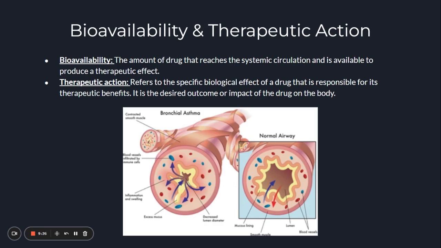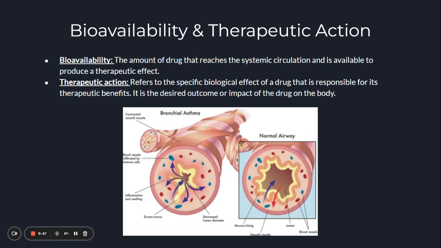When we talk about therapeutic effect or therapeutic action, this refers to the specific biological effect of a drug that is responsible for its therapeutic benefits. It's the desired outcome or impact of the drug on the body. This includes things like reducing pain, reducing blood pressure, fighting off an infection, and so on and so forth.